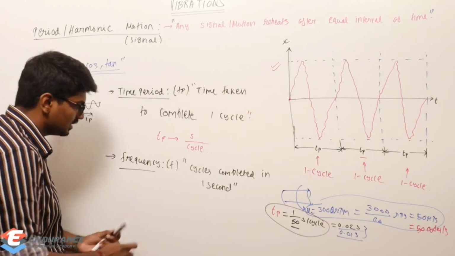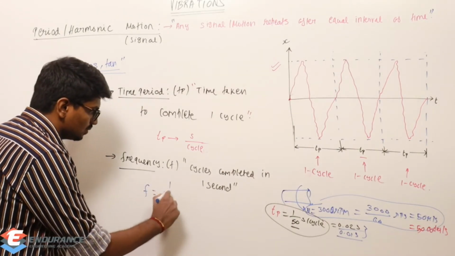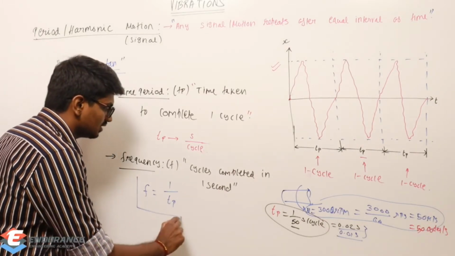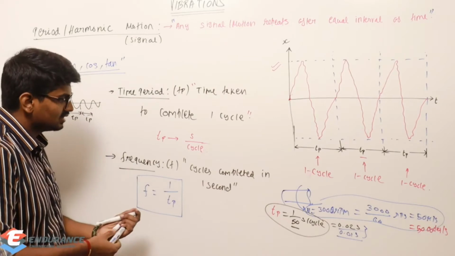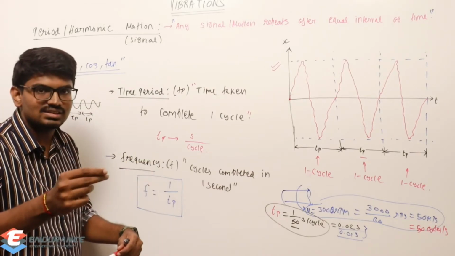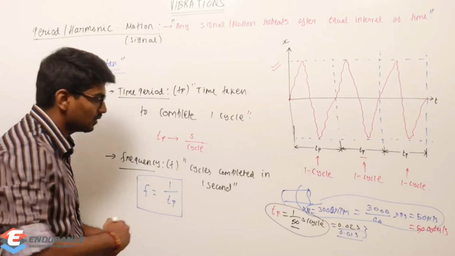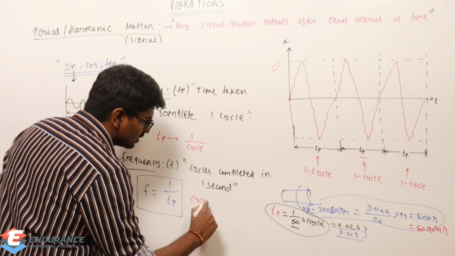And how do we find this frequency? F is equal to 1 by Tp. Simply the reciprocal of the time period will give me the frequency. And what's going to be the unit? See, time period is how many seconds it takes to cover one cycle. This is how many cycles I can cover in 1 second.